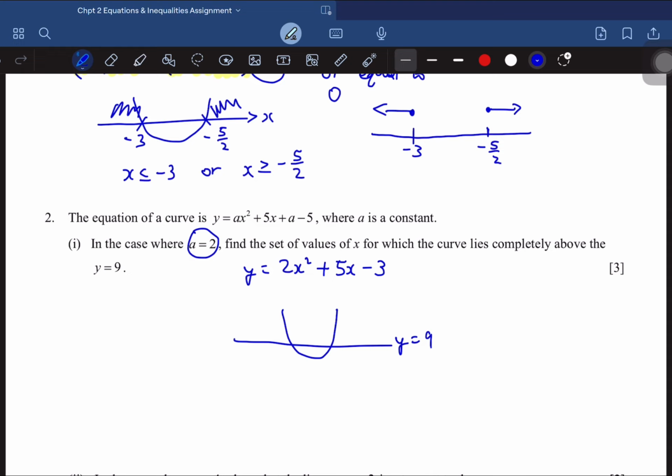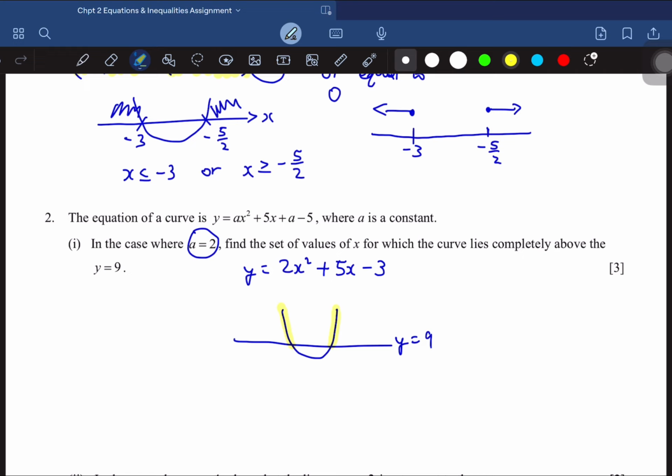So the curve is completely above the line y equals 9 in this portion here. The highlighted portion is where the curve is completely above the line y equals 9.